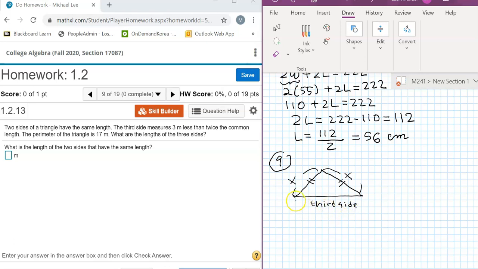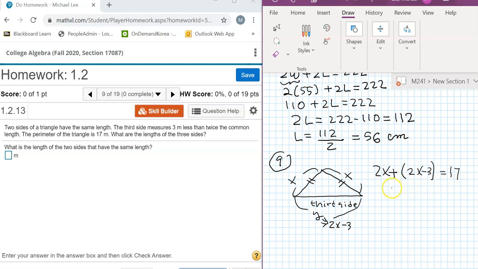So the third side, if I call this y, okay, so x plus x plus y. What is y? The third side is 3 meters less than twice the common length. So y is 2x minus 3. Okay, that's what y is. So x plus x plus 2x minus 3 is the perimeter, which is 17.